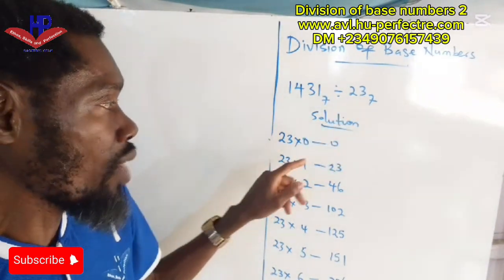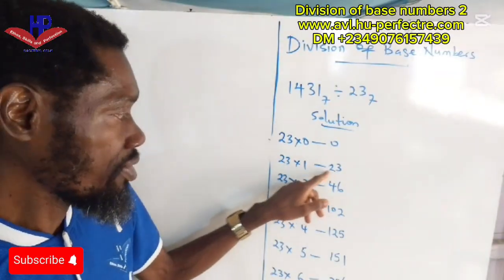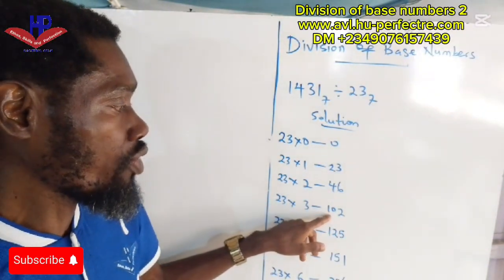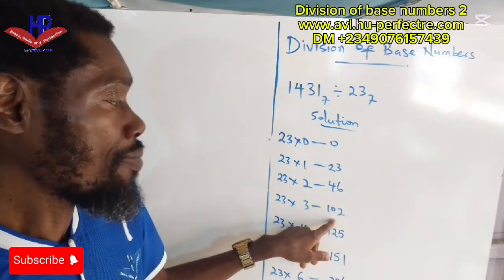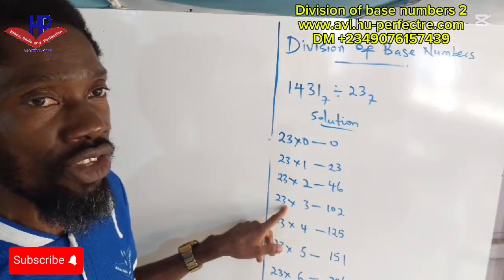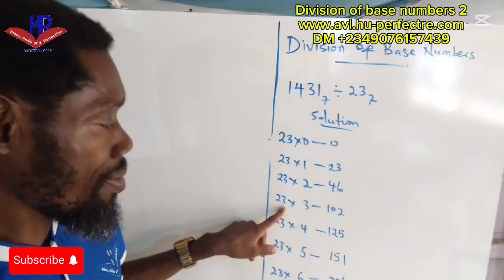If I do that, I'm going to have 23 times 0 is 0, 23 times 1 is 23, 23 times 2 is 46, 23 times 3 is 102. I showed you how we got 102 in the previous class. 3 times 3 is 9. 9 is not a base 7 number, so you divide 9 by 7, you have 1, remainder 2.